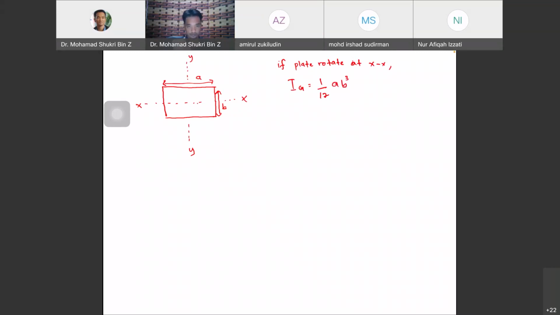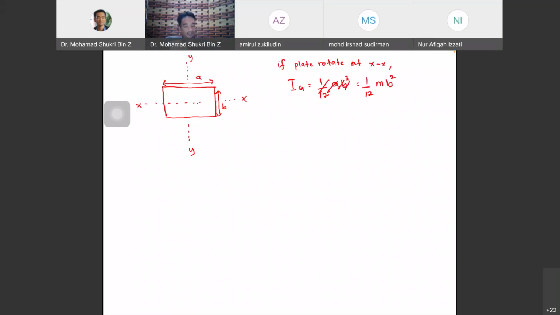Betul ke? Oh bukan. 1/12 MA... 1/12 MB squared. Mass moment of inertia for this plate.